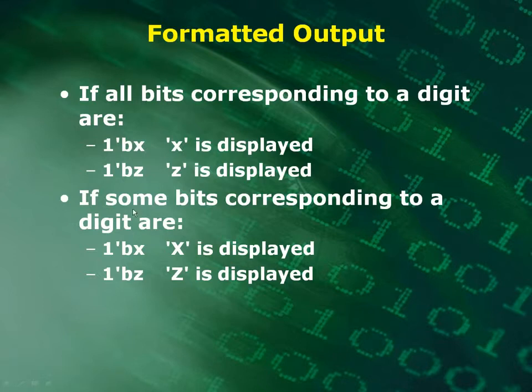However, if some of those bits corresponding to the digit are not a 1'bX, then a capital X will be displayed. So in other words, just some of the bits, but not all. And similar for a Z. If all of the bits corresponding to a digit are a 1'bZ, you get a lowercase z displayed. Otherwise, you get an uppercase Z.